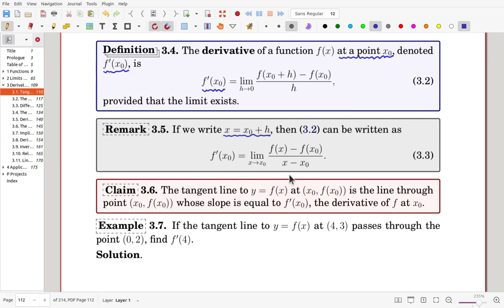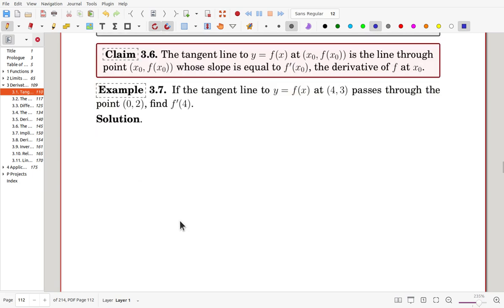They are the same. Here we claim that the tangent line to the curve y equals f(x) at the point is the line through the point whose slope is equal to the derivative of f. Already we know that, right? Okay.